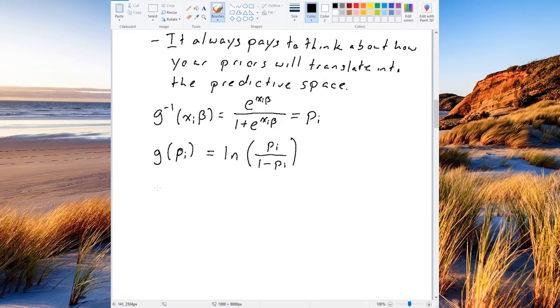So let's take a step back. Let's think about this in a very simple binomial regression model.